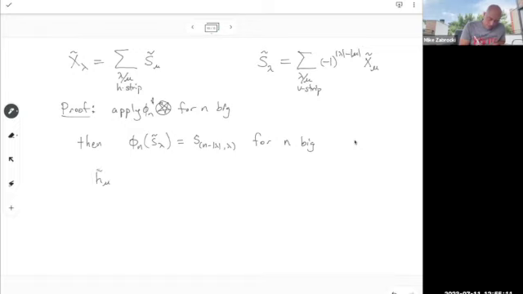So H mu tilde is the sum over lambda k n minus size of mu, comma mu. Whoops, I think it should be the other way around.